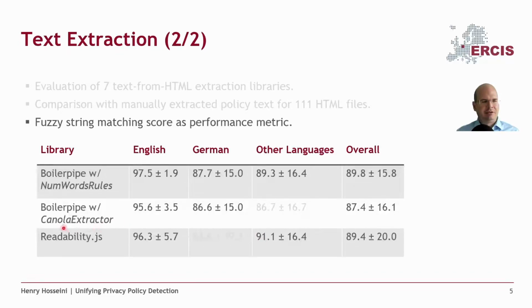And the boilerpipe tool with the canola extractor also shows very good results. As a result, we recommend to set boilerpipe with the numWords rule setting as default, and also keep these two text from HTML extraction libraries as backup solutions.